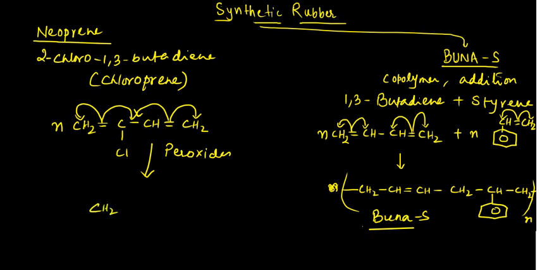Don't show this arrow in the examination when it is a theoretical examination. You can do it in rough. So this is nothing but neoprene. Okay. So that is another kind of synthetic rubber that we have finished over here. So that is all about rubbers.